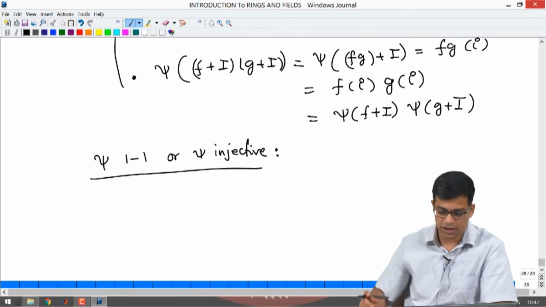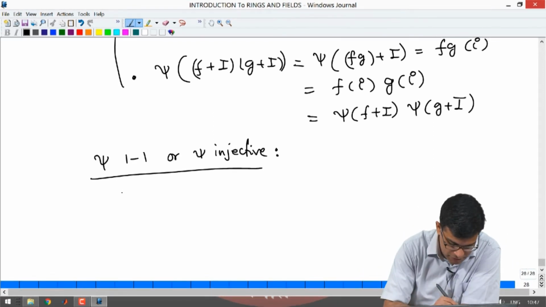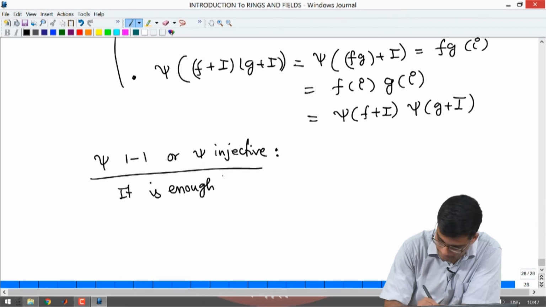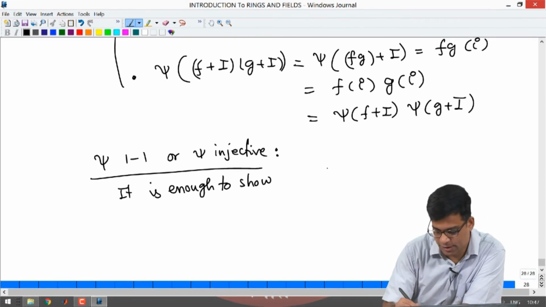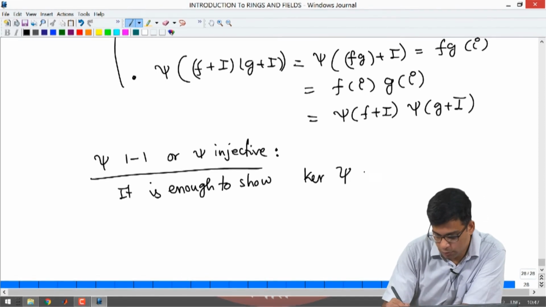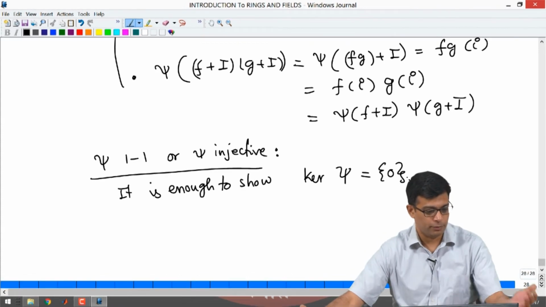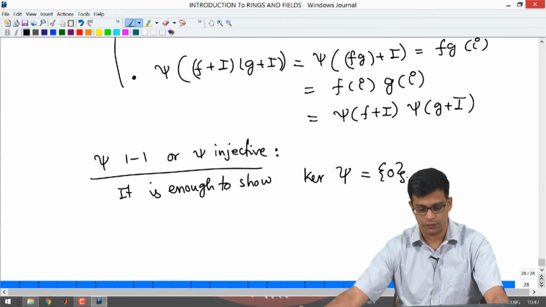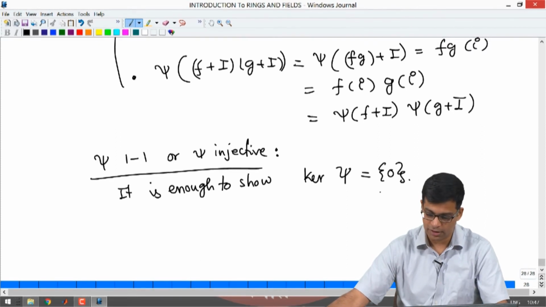We will show that it is injective and it is onto. So, it is enough to show the kernel of psi is 0, right? Because remember, in an earlier video I did a problem in which we said that a ring homomorphism is injective if and only if its kernel is 0.